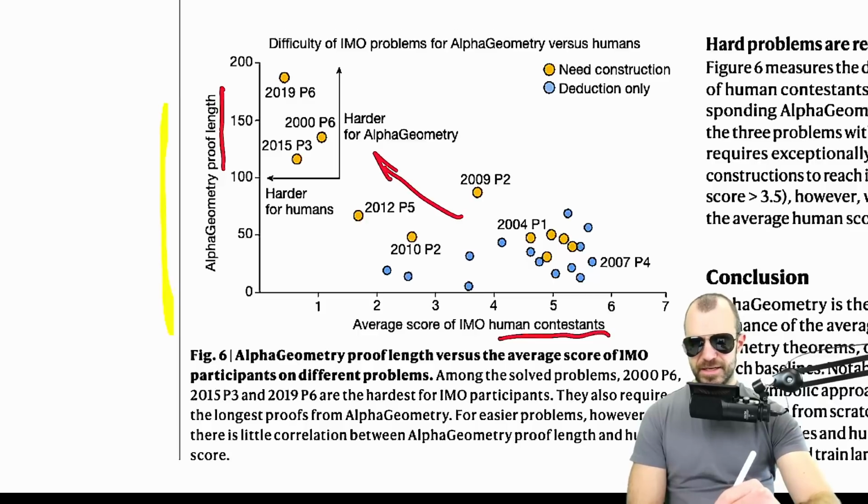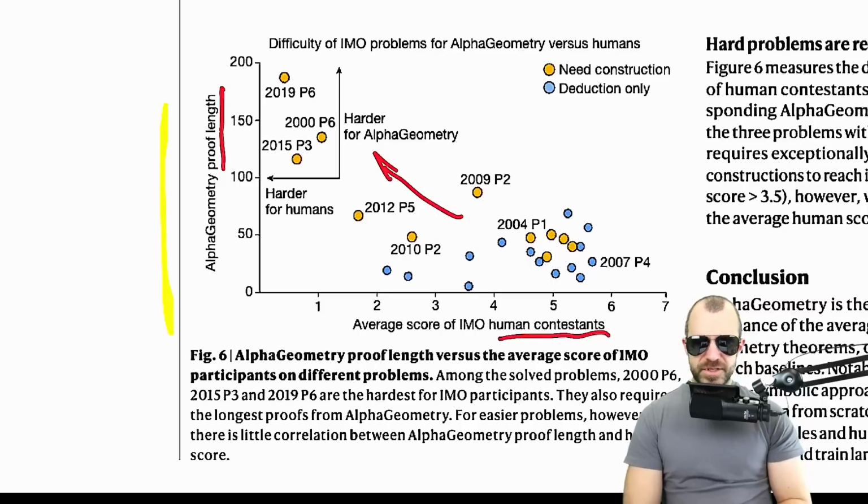You can see as the problems get longer in terms of proof length, humans also score less on them, which makes sense. But it wasn't necessarily obvious that this is the case. It could also have been that they're just more difficult.